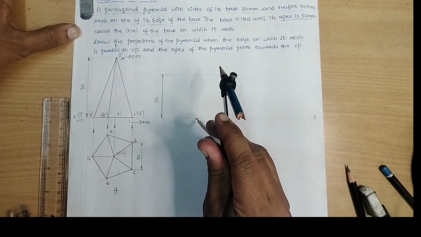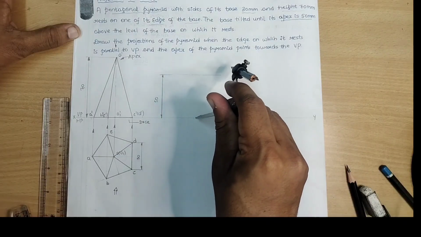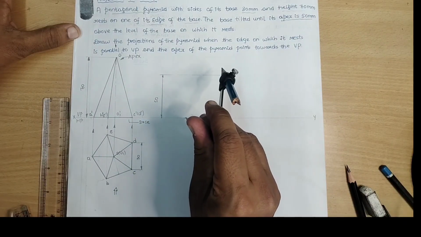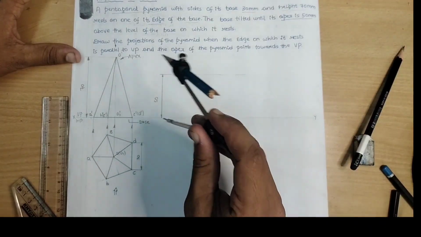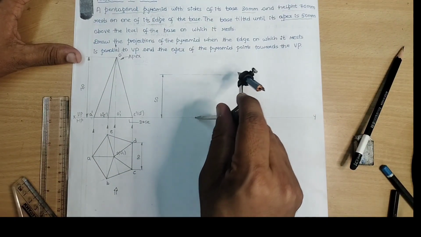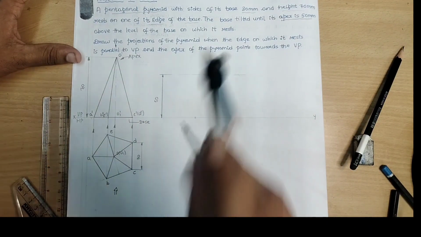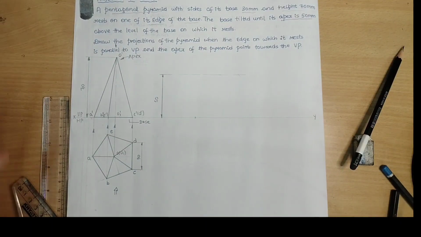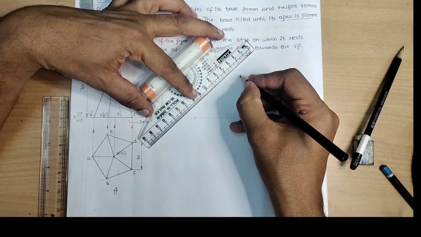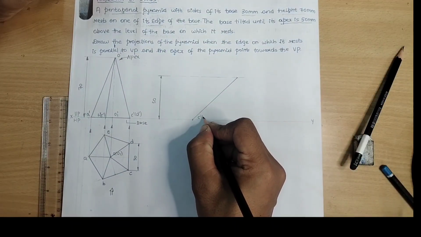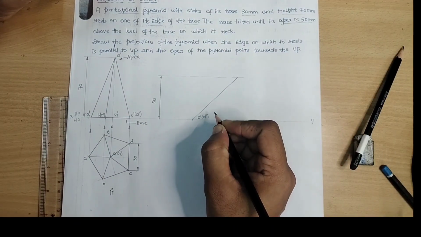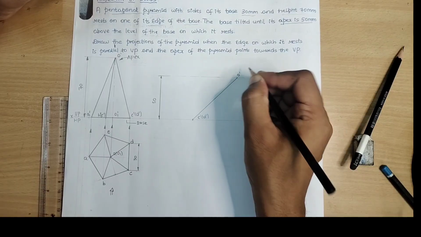Take any convenient point here and cut an arc on the locus line. So from this point, C dash, D dash as a center, I will cut an arc on the 50 mm line. Let us join these two lines. This point indicates a resting corner C dash, D dash, and this is the apex O dash.